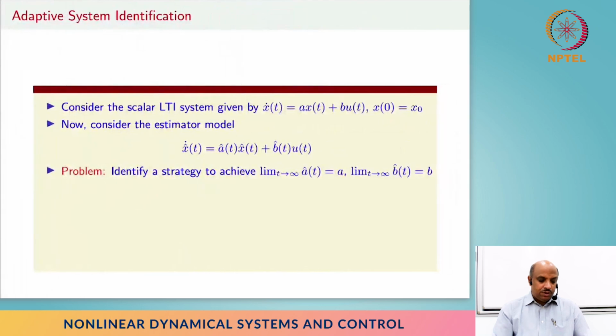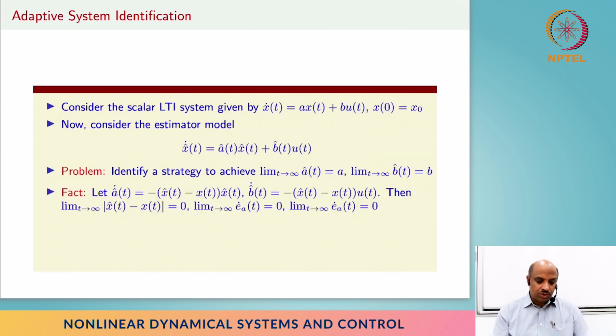So the problem in this particular case is to identify a strategy, an algorithm, to achieve this: limit a hat goes to a and limit b hat goes to b. I should have stated x hat of t going to x of t actually, and that's the more sensible strategy, right? So here is the first adaptive control strategy.